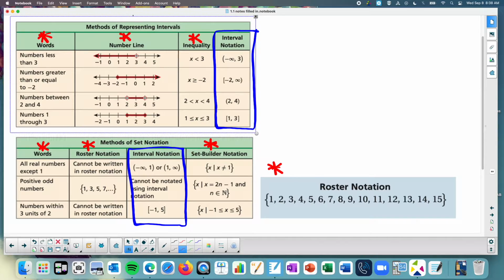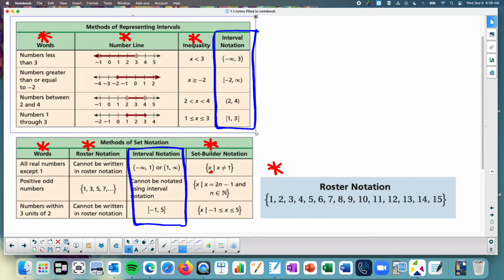Set builder notation, I wonder if this one goes by teacher to teacher, if you've seen it or not. Set builder notation generally looks way more complicated than what it's actually doing. To start off, set builder notation always has a brace on the outside to say this is the set.